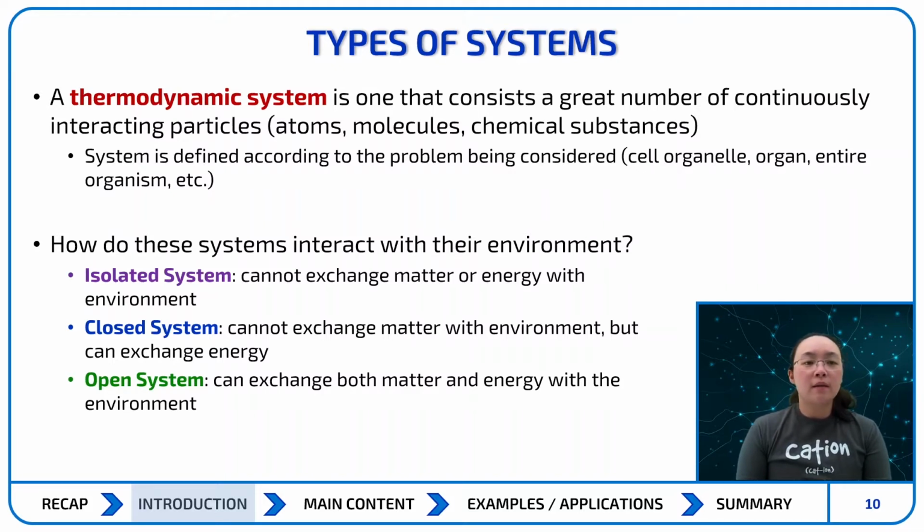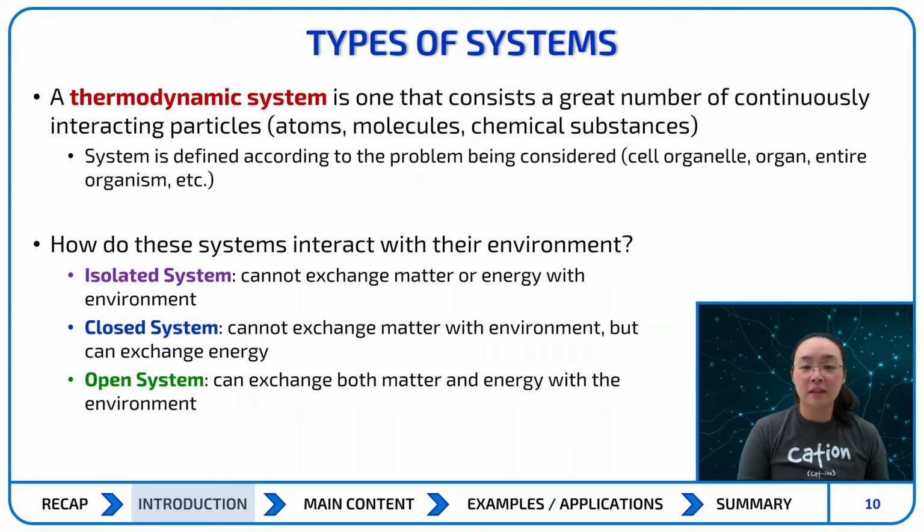So then we take a look at the types of systems, and the type really just refers to how that system interacts with the environment. An isolated system cannot exchange matter or energy with the environment. So think of it as just your system is completely isolated or separated from the environment. It's just locked itself away.